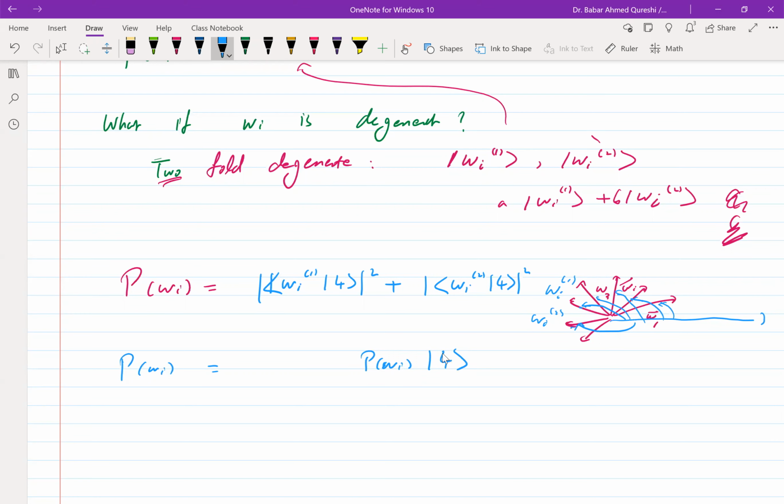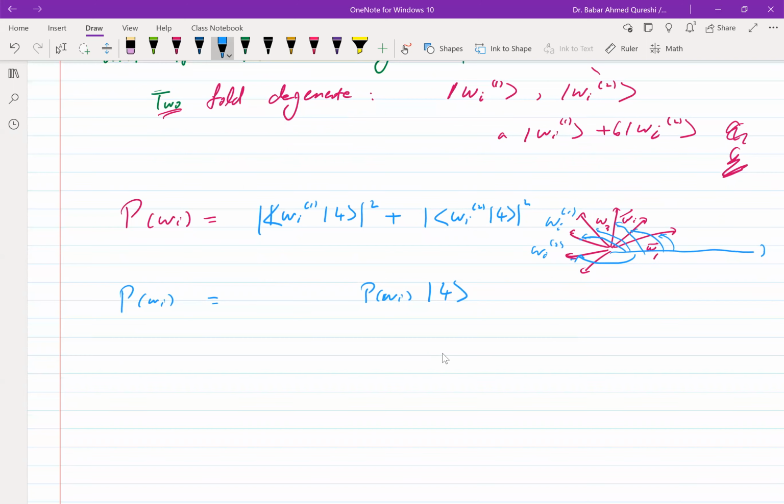So what is the projection vector? No, not projection vector, projection operator. So you want to project to this eigenspace. It is a two-dimensional eigenspace.